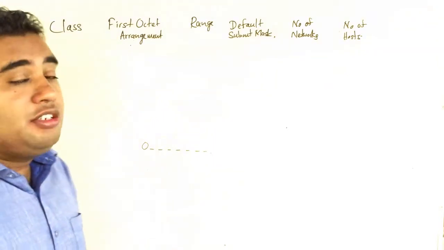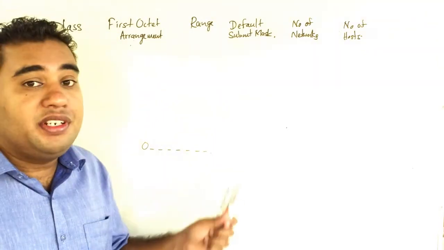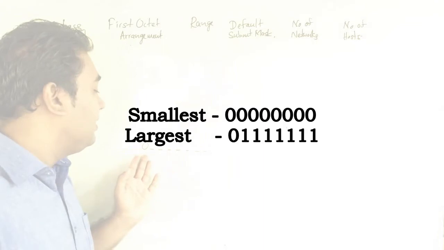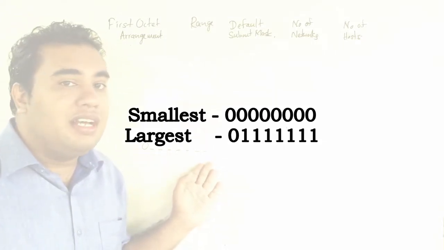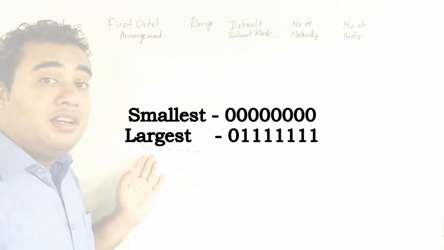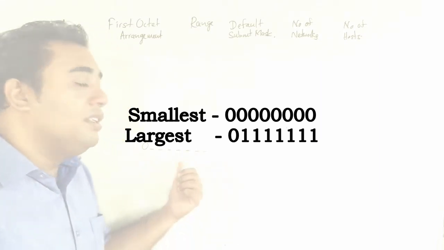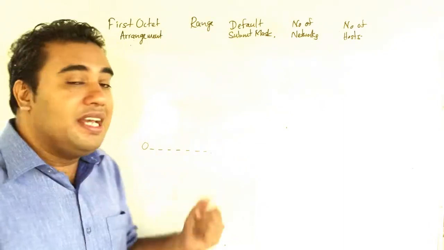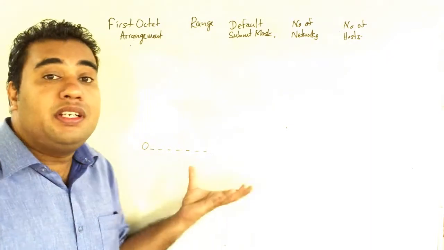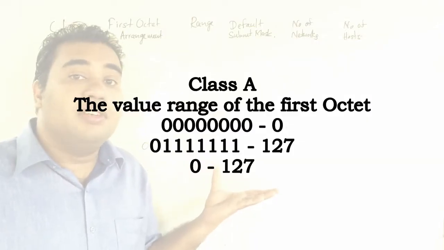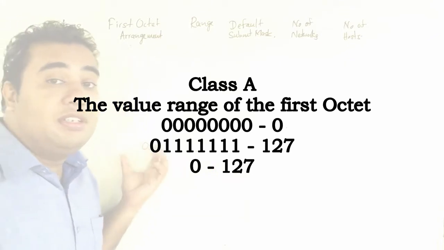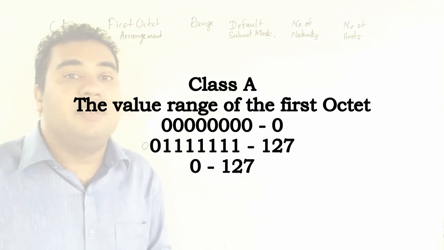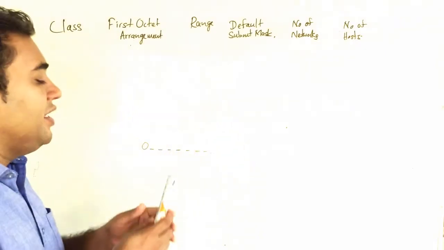That is the bit arrangement, and the range then will be: the smallest value is 7 zeros after this, and the largest value is 7 ones for these 7 bits. So what will be the value range then? 8 zeros, including the first bit, represent the value 0, and the first bit 0 with 7 ones will be 127. So that will be the range.